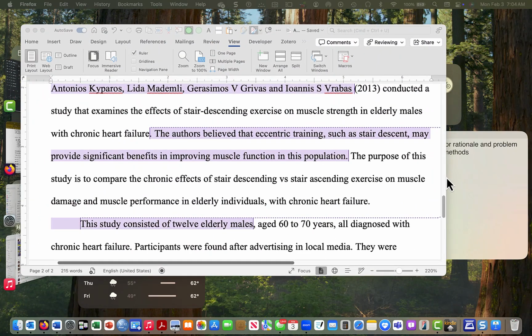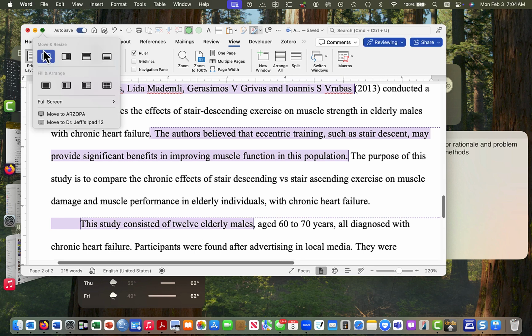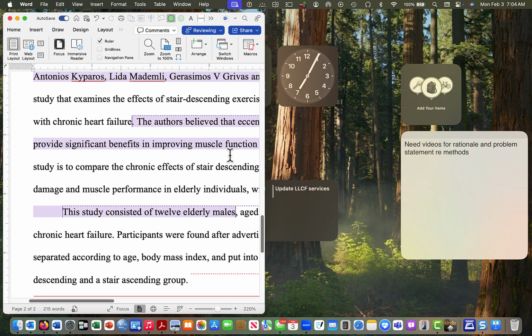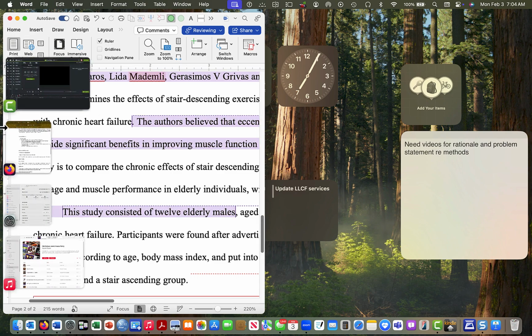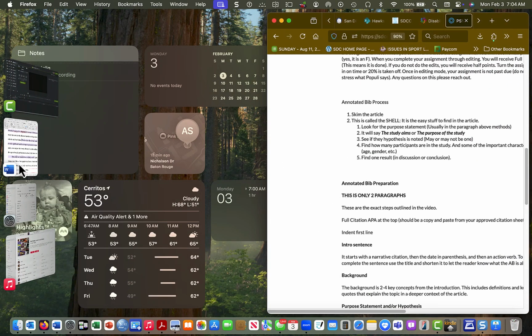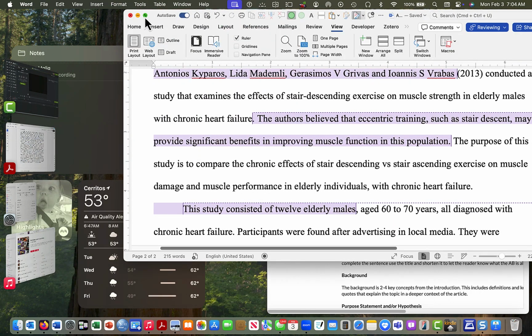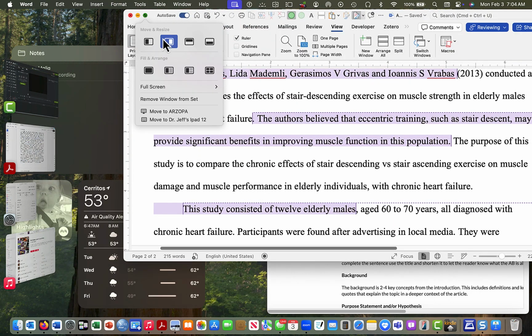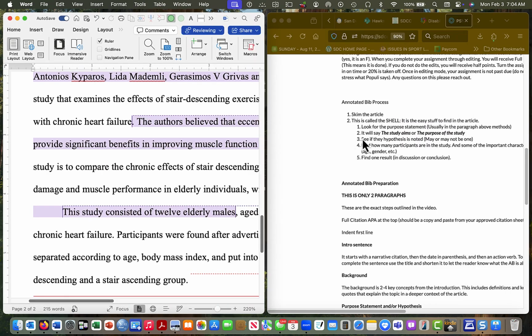On the left. It doesn't like that. So let's try this again. This one on the left. And it won't let me put anything on the right. Interesting. Maybe I'll just do that. So let me bring this up next to it. Now let's try this. Sorry, learning. Oh, there we go.